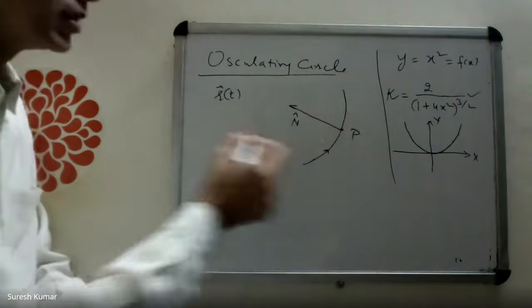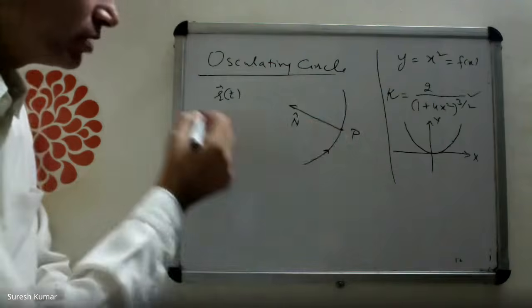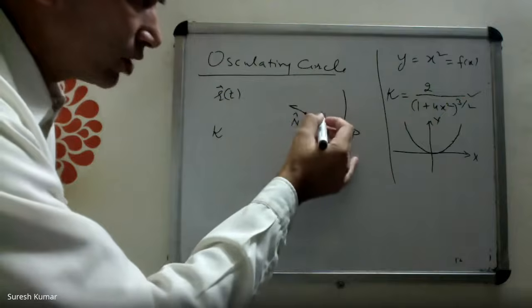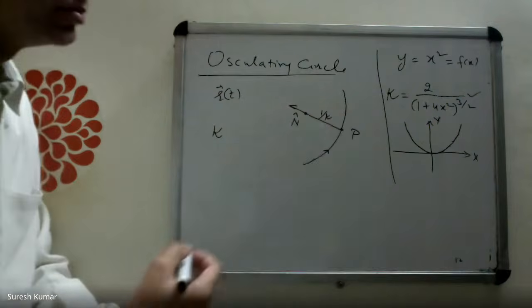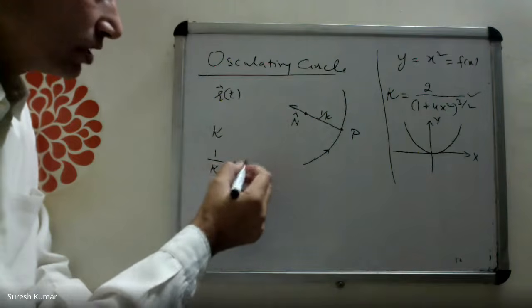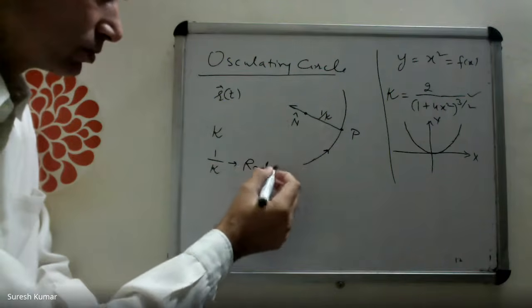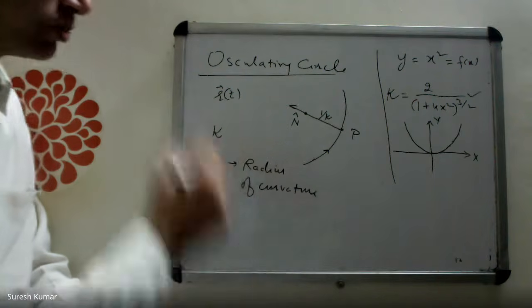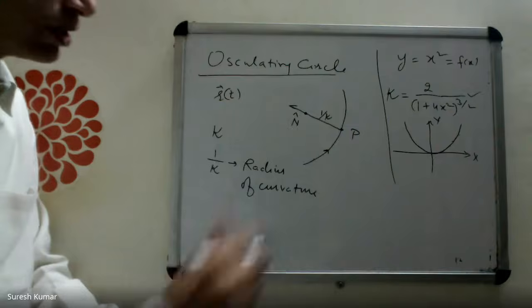So at point P, first find the curvature. Take a point at a distance 1 over kappa. If this is curvature, 1 over kappa is called the radius of curvature. The reciprocal of curvature is called the radius of curvature.